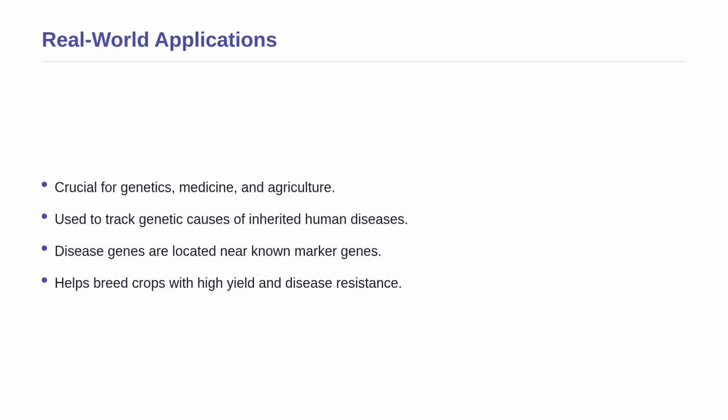Today, they are still heavily used to track down the genetic causes of inherited diseases in human families. If a known marker gene is always inherited along with a mysterious disease, doctors know the disease-causing gene must be located very close to that marker. Furthermore, agricultural scientists use these maps to breed better crops, saving years of trial and error.